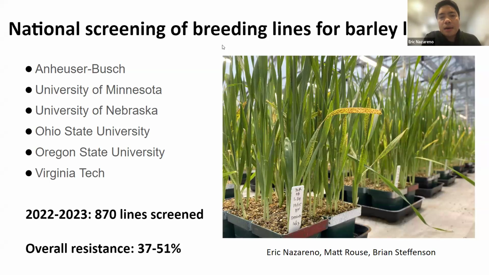Whichever lines are resistant to that isolate will be moved to the next stage where we do gene postulation. We use an additional three isolates to postulate for genes such as Rph3 or 9, Rph5 or 6, and Rph7. So next slide, please.